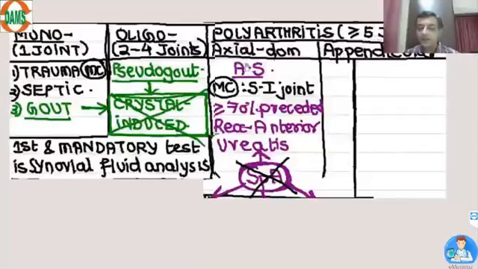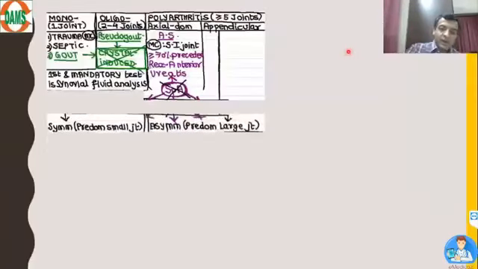Axial dominant, we think of ankylosing spondylitis. Most common is SI joint, but the majority present with recurrent anterior uveitis. But if it is appendicular dominant, what do we have?